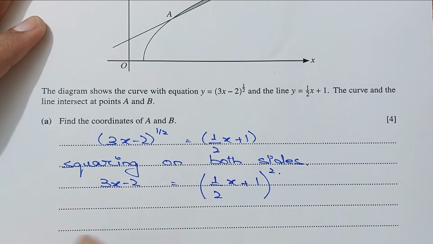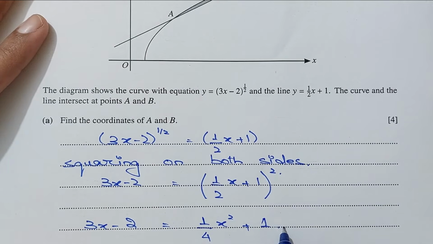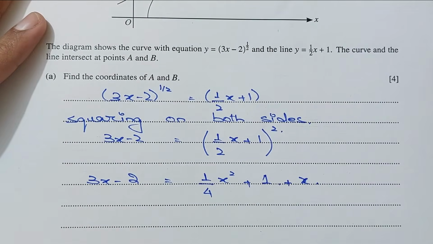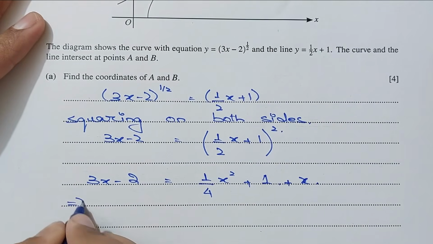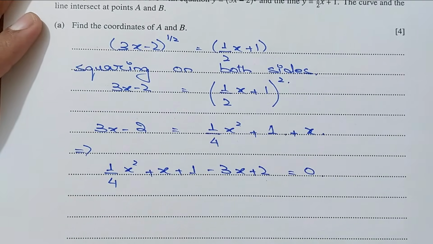Further simplification: 3x minus 2 equals 1 by 4 x square plus 1 square is 1, and 2ab, so plus x, right? Now shifting all the terms to the left, we have 1 by 4 x square plus x plus 1 minus 3x plus 2 equals 0.